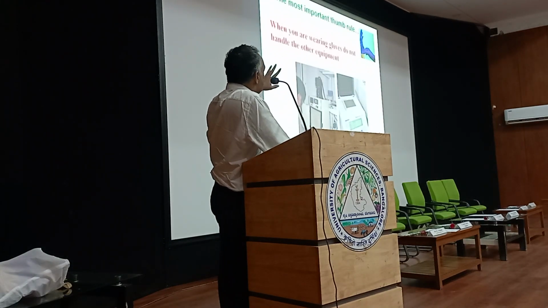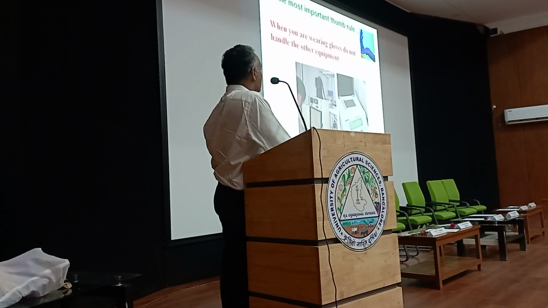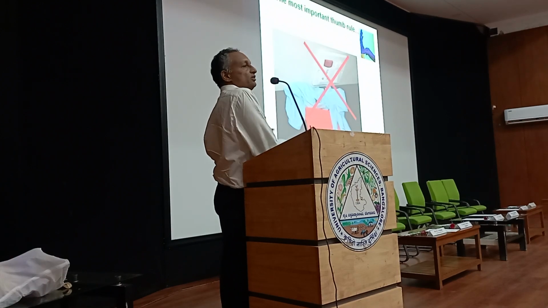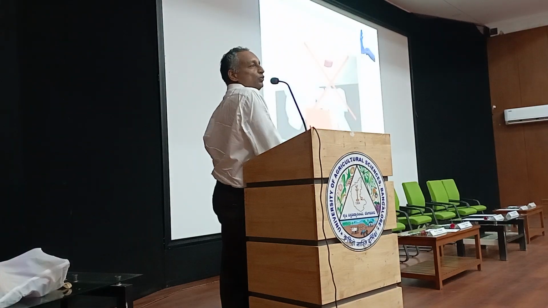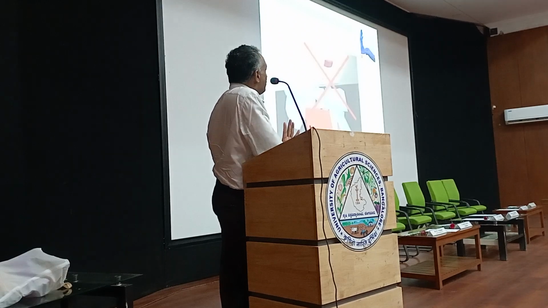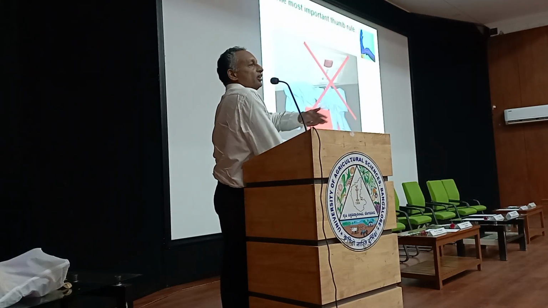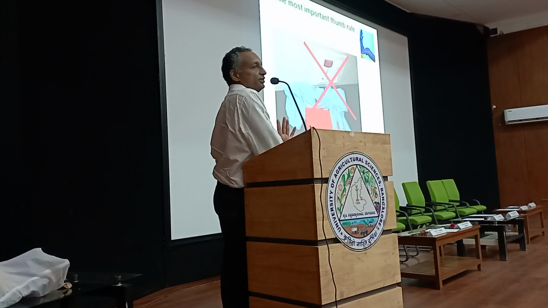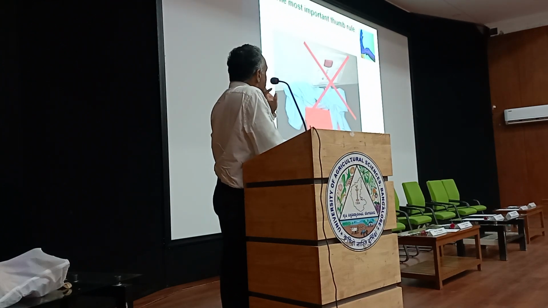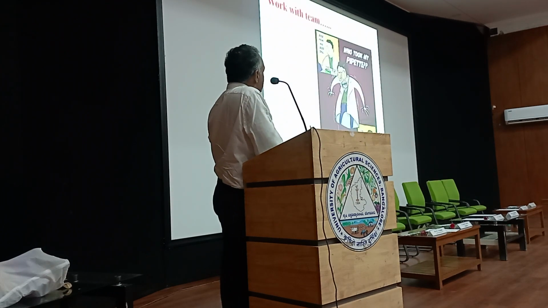So you should be aware of what you are doing, and the disposal as well as removal of contaminated material is very, very important. You cannot throw it wherever you want and make the entire area dirty. These are small things, but they matter.